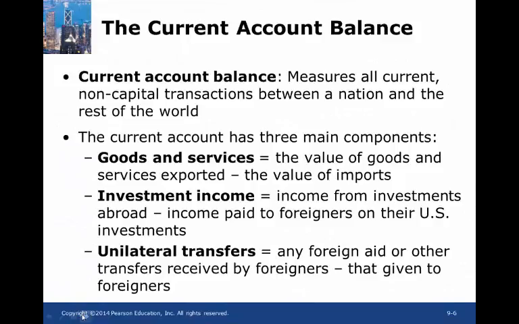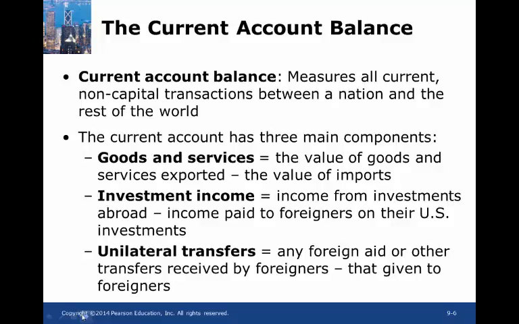So the current account balance measures all current non-capital transactions between a nation and the rest of the world. It has three main components. The trade in goods and services, which is the value of goods and services exported minus the value of imports.